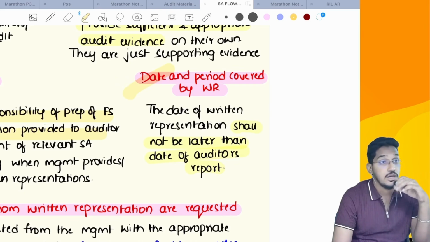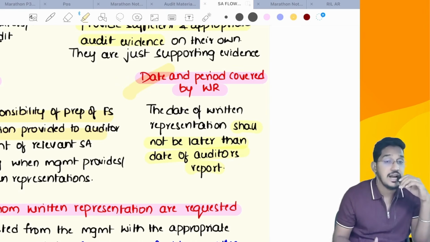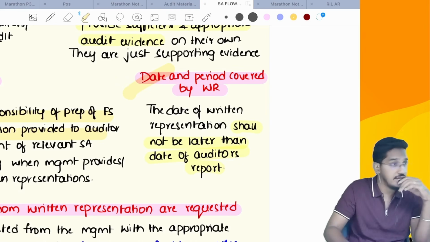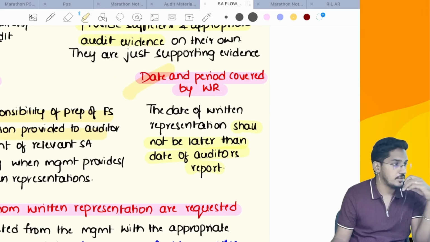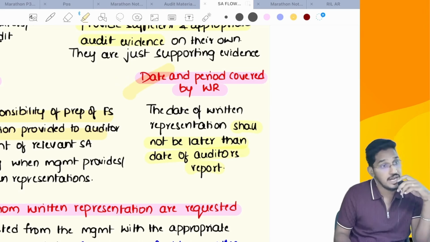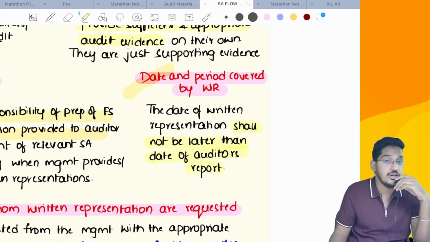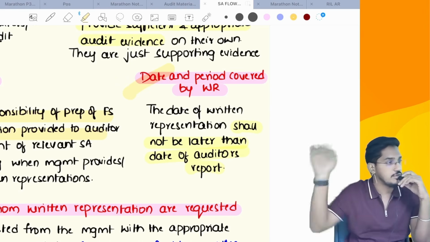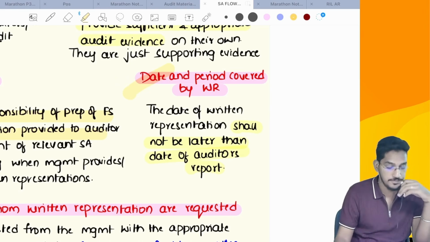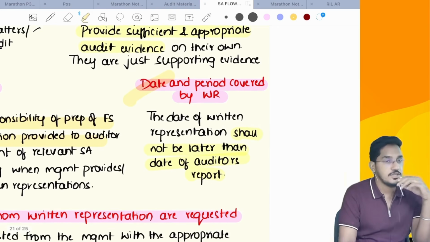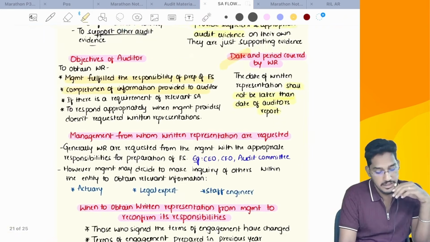Why? Because written representation is also a kind of audit evidence, and the sequence is first audit evidence, then auditor's report. If you date the audit report first and then date the audit evidence, once again you are showing that you are a fool, which we should not look like, even though we are in some cases. Right. So this is regarding the date and period covered by written representation.